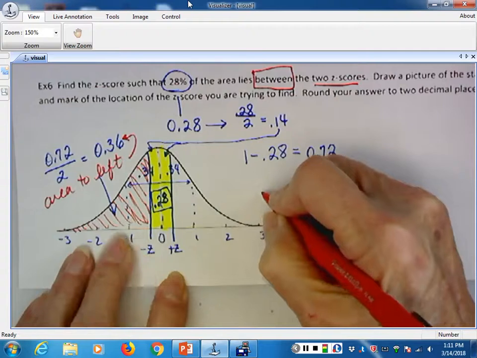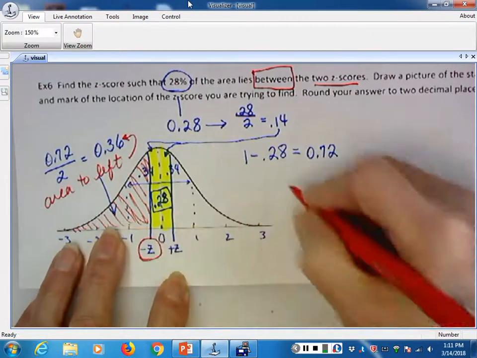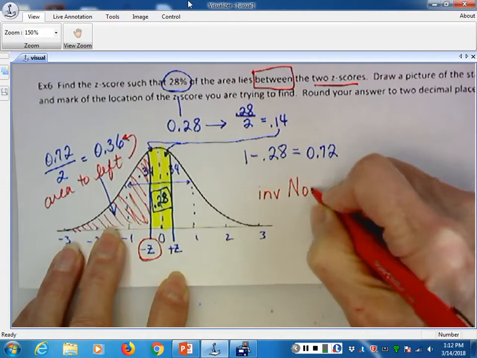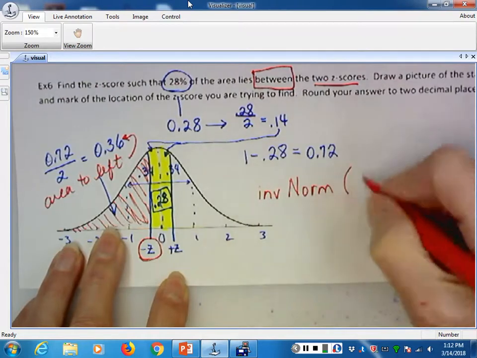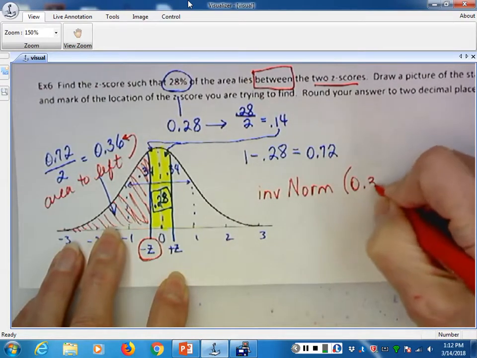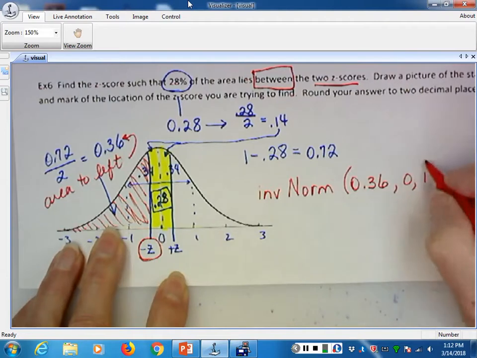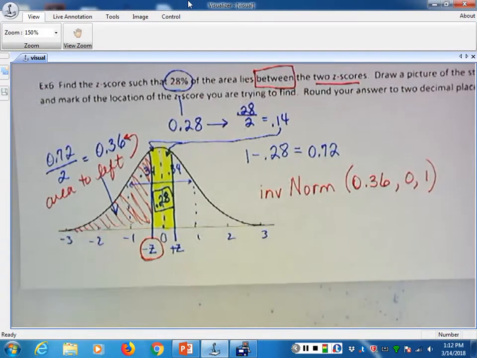That means to find that z-score, I use that command.